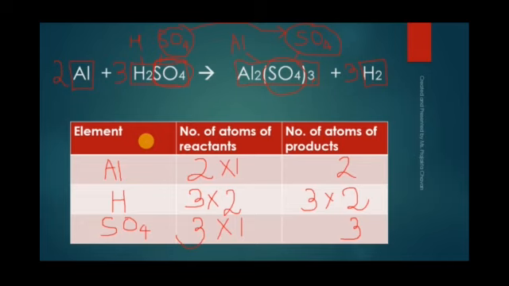Let us proceed to the fourth step. That is, we are going to recheck whether we have balanced it correctly. Yes, aluminium 2, hydrogen 6 and SO4 3. Perfect. We have balanced everything. The fourth step is completed. Now the fifth step, that is writing the physical state. Aluminium is a metal, so it is solid. H2SO4 is an acid.